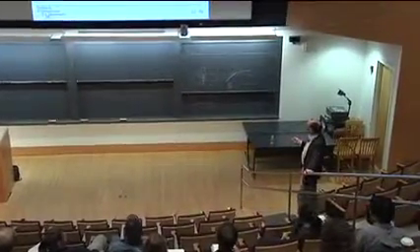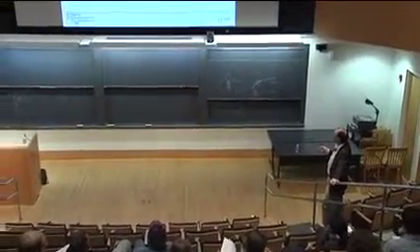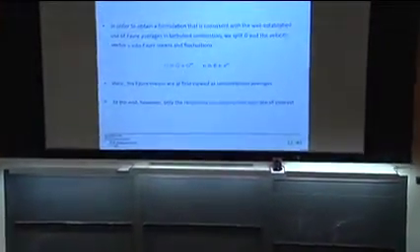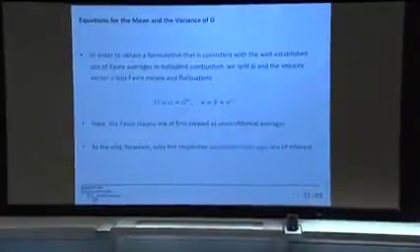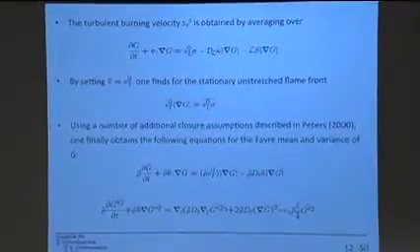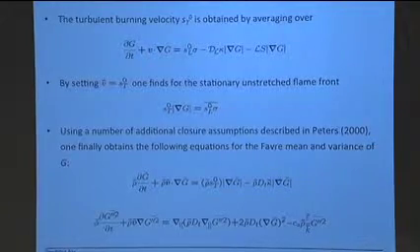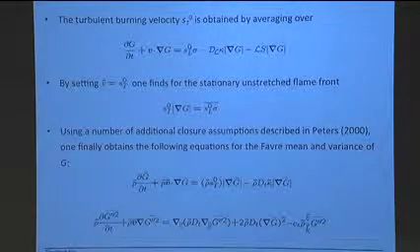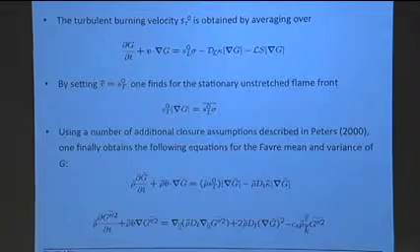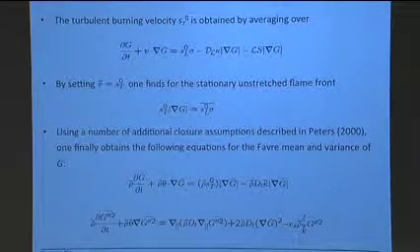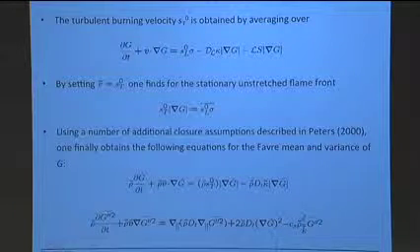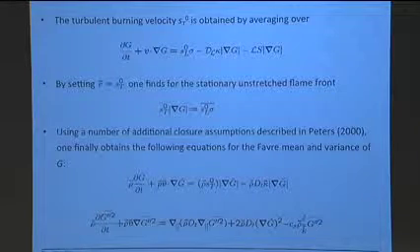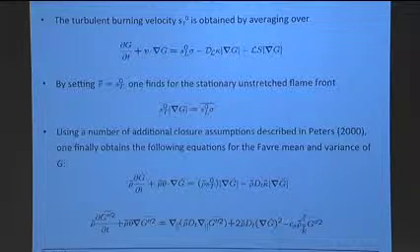Good, so we keep in mind this is mathematically not the best way to do it, but it is easy to understand. And it leads to the same equation, so that's why we do this. You just take the equation that we had earlier, and we introduce these mean and fluctuation, Reynolds decomposition, and then we average this equation. And then what you see is that there's a term here like this, SL naught times sigma, and the mean of that.